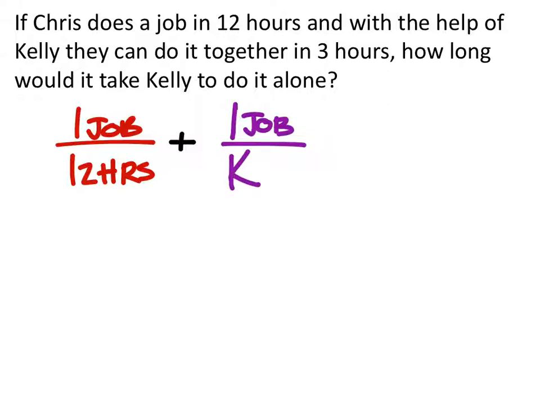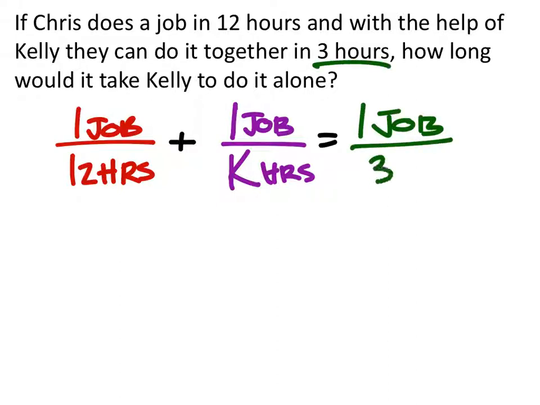We'll just put K. We can label it though, K hours. Then this should equal the same job in the 3 hours. So it sets up essentially, well, exactly the same way that the equation would.